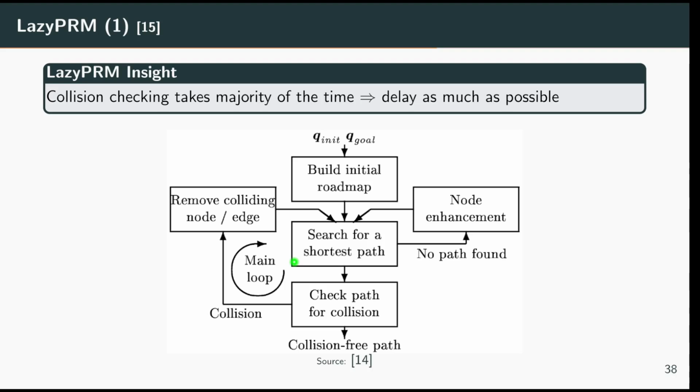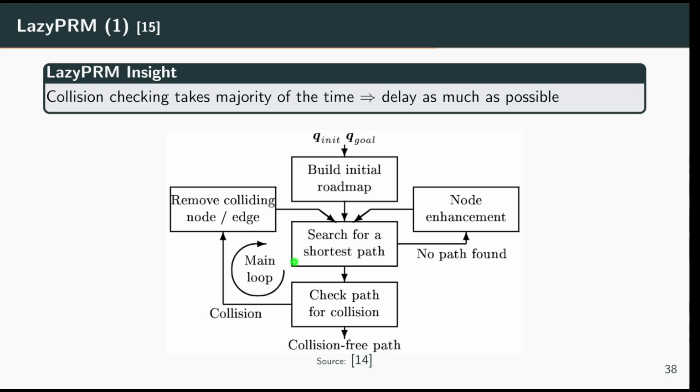So this one is LazyPRM, which is quite old, but still it achieves very good results in practice. And the key insight is that in many practical cases, we spend a lot of time during motion planning just collision checking if our vertices or our edges are really in free space or not.